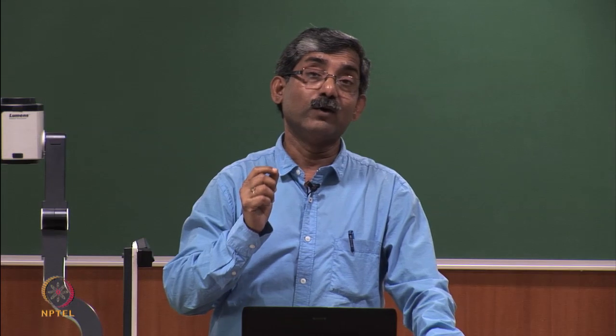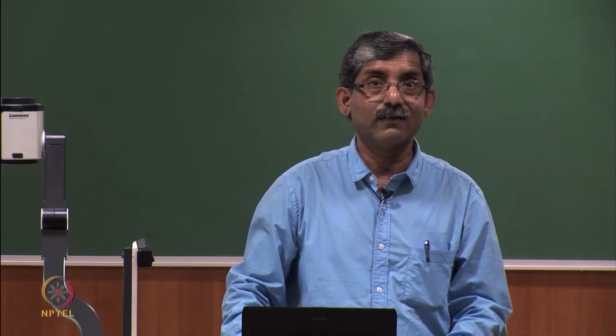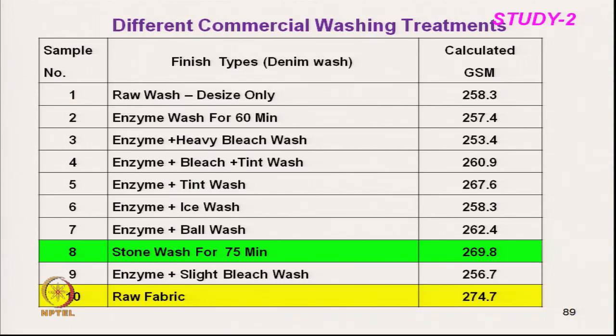Now, in study 2, we have taken a denim fabric and finished it with a wide range of finishing. The yellow highlighted fabric is the raw denim fabric, and the fabrics are treated with different types of wash. The raw was desize only, and number 8 is stone wash for 75 minutes, a very harsh wash.